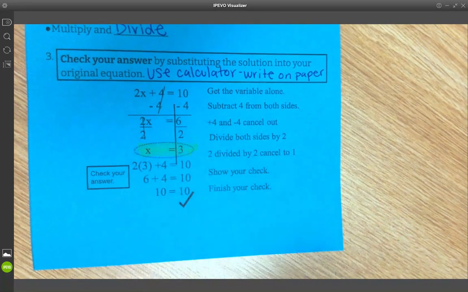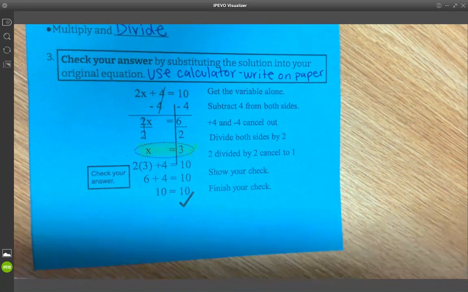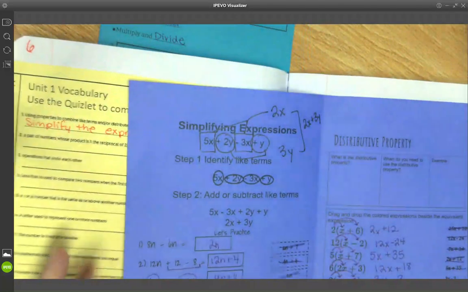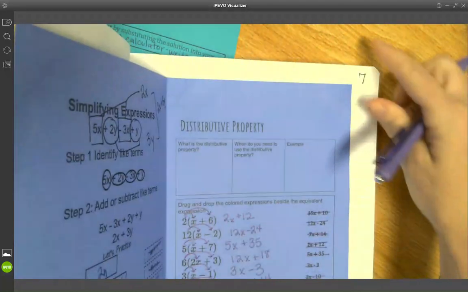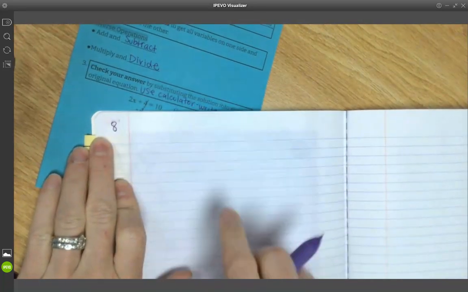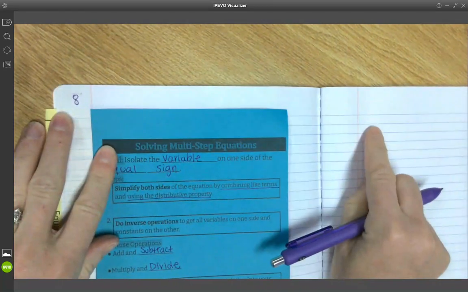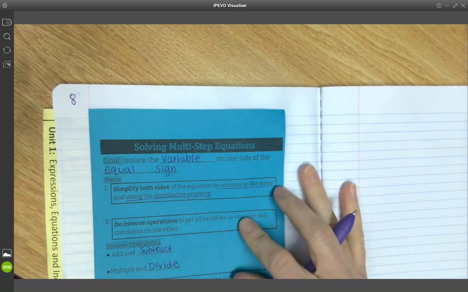So let's look in our journal. Get your journal out. We have page 7 right here. Page 8 is going to be where you glue in this page. Let's not worry about gluing in right now. Let's go ahead and write our notes on page 9.